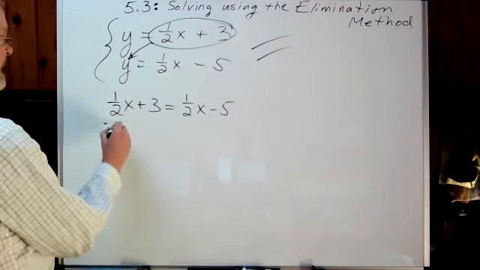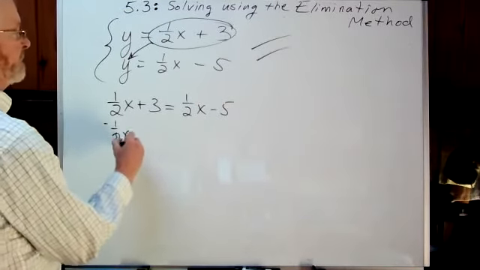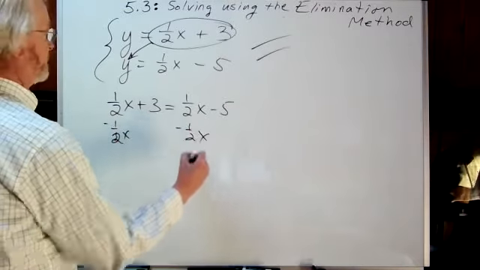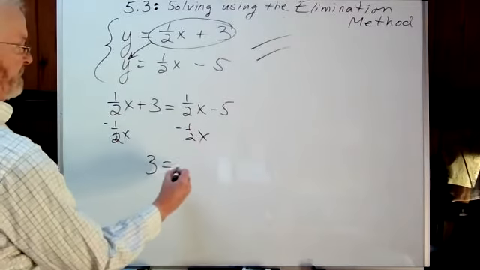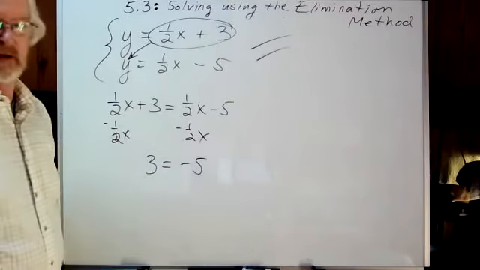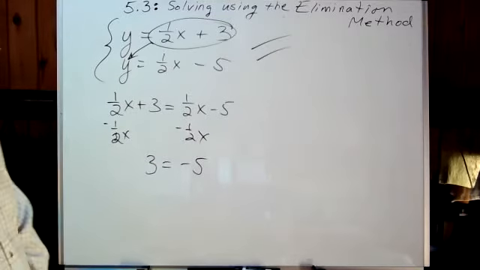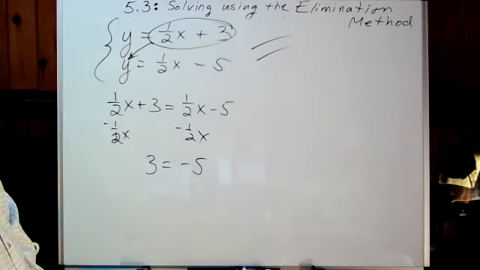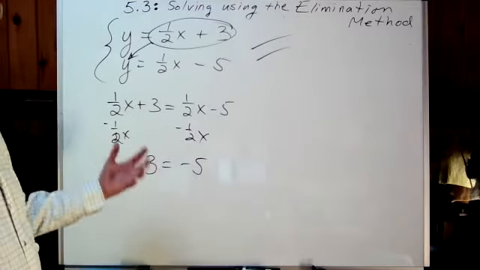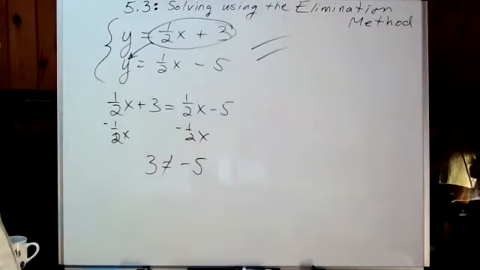Well, if I subtract the x's from both sides, I get down to one of those false statements, right? 3 is equal to -5. This is a contradiction, right? It's not equal to -5.